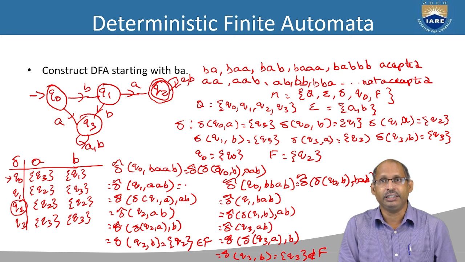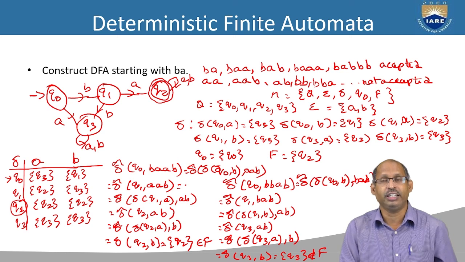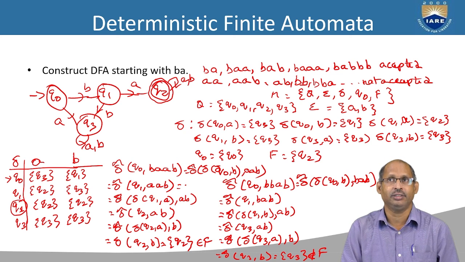So, if any problem is given, construct a DFA starting with BA, we write the 5-tuple notation, a transition diagram, a transition table, one example for an acceptance string, and one example for a not acceptance string.